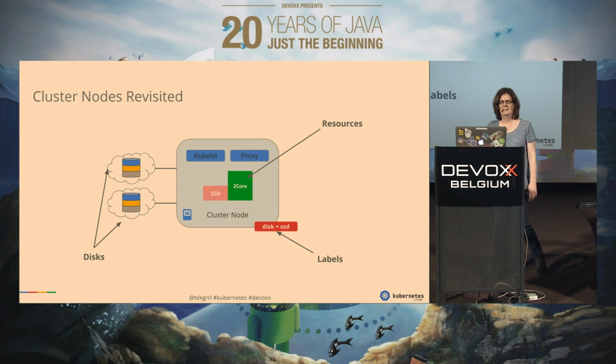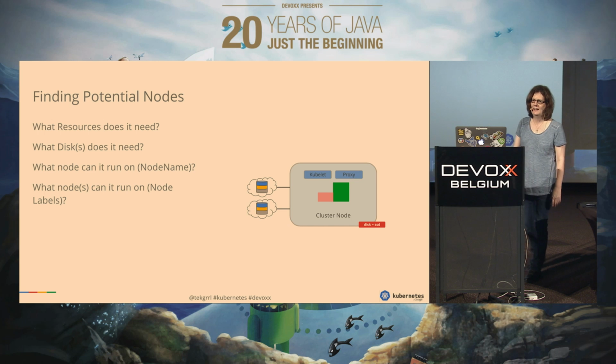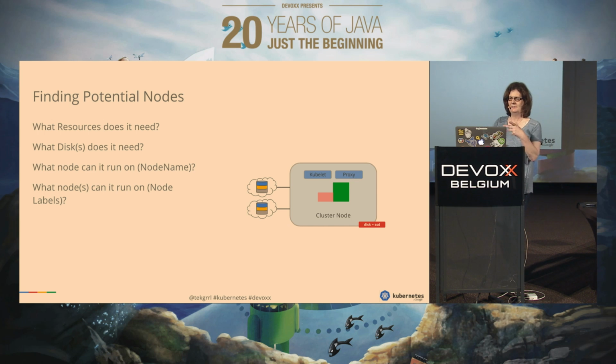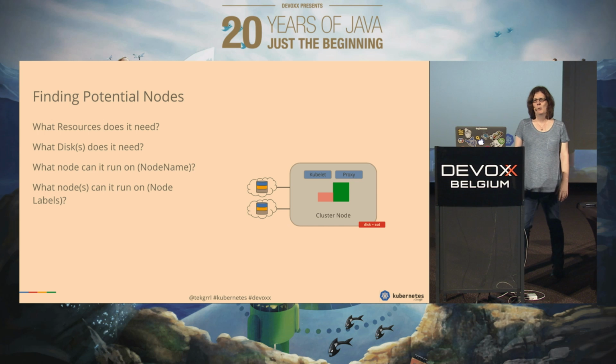So let's revisit cluster nodes before we get to auto-scaling, which is the most important part of the talk. We looked at cluster nodes already. How do we find the nodes we want to run this stuff on? This is extremely important, and we're going to dive into this in the demo. We need to ask questions when we get a request to schedule a pod.